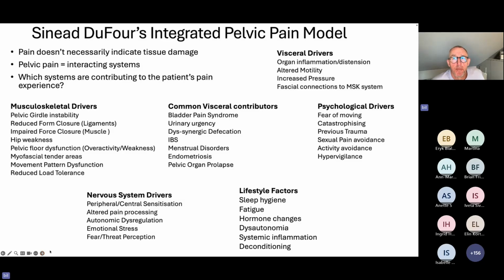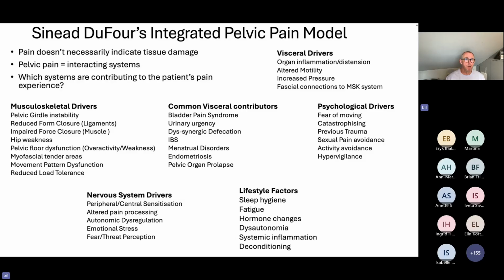Sinéad Dufour's integrated pelvic pain model was devised around pregnant pelvises, but I find it quite useful when you're looking at hypermobile patients because pain doesn't necessarily indicate tissue damage. Sometimes it does, but sometimes it doesn't. Maybe it indicates sensitized tissue or a sensitized nervous system.